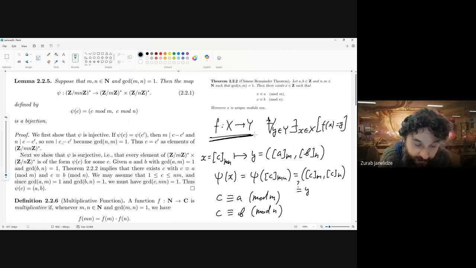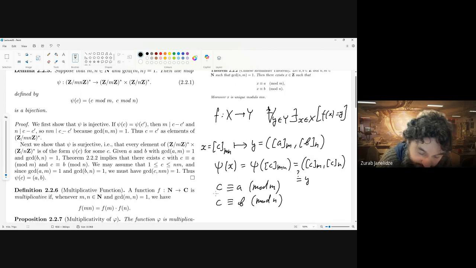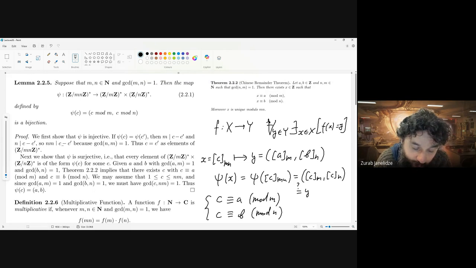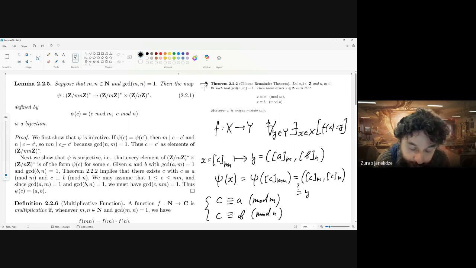So psi being surjective means that no matter what A and B we pick, as long as we pick them from these star worlds, so A must be co-prime to M and B must be co-prime to N, we will be able to find a C that solves this system of congruences. But that's exactly what theorem 2.2.2 established, isn't it?